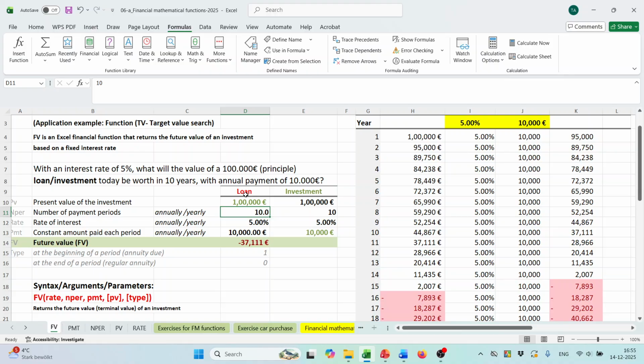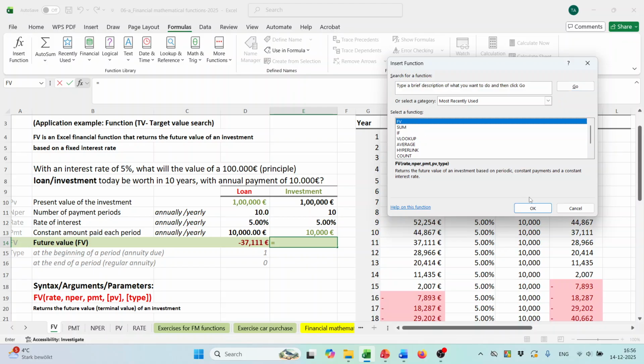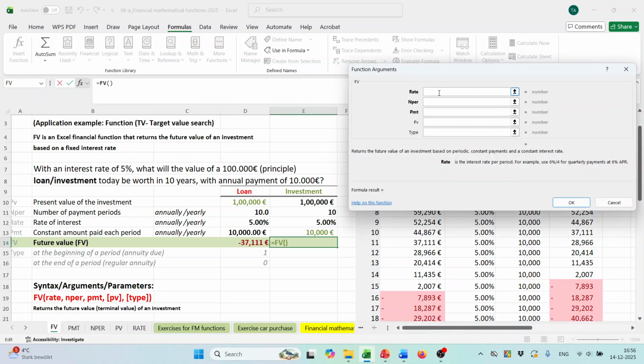So this is the loan, that means this is from the farmer's perspective, and the farmer still has to pay 37,111 euro after 10 years. And we can also calculate it from the bank's perspective. It's equal to, we go to FV, so rate, it is again 5%, in period 10 years. Payment, the payment is received by the farmer, received by the investment, received by the bank.